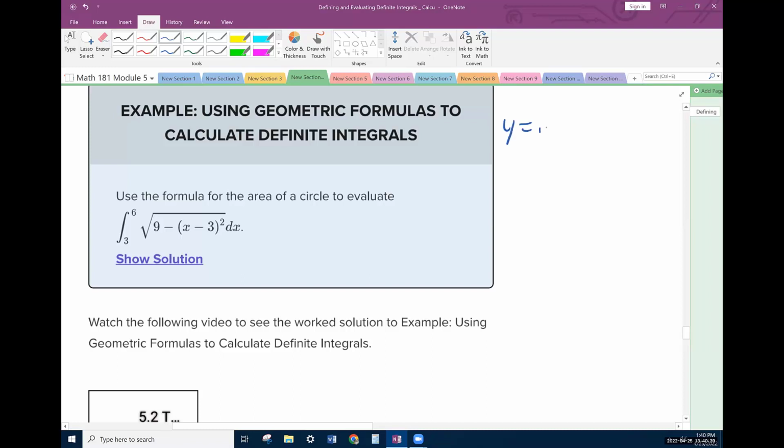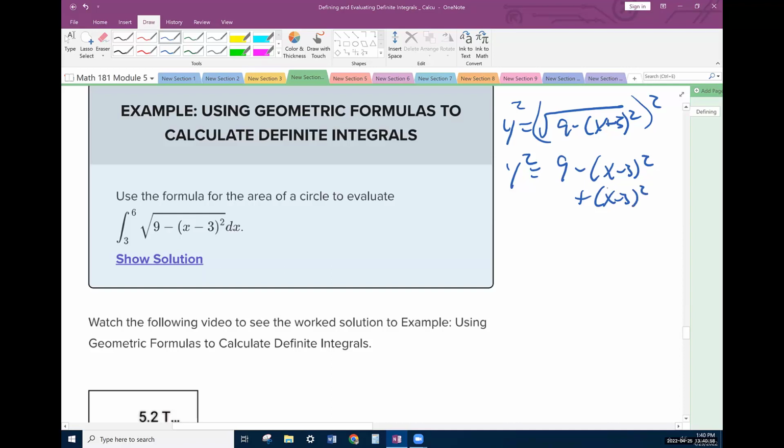So if y equals the square root of 9 minus the quantity x minus 3 squared, and you square both sides, you end up with y squared equals 9 minus the quantity x minus 3 squared. If you bring this over, you end up with x minus 3 squared plus y squared equals 9.